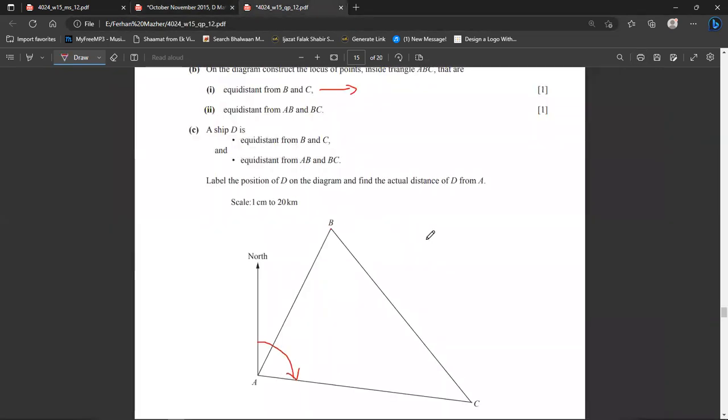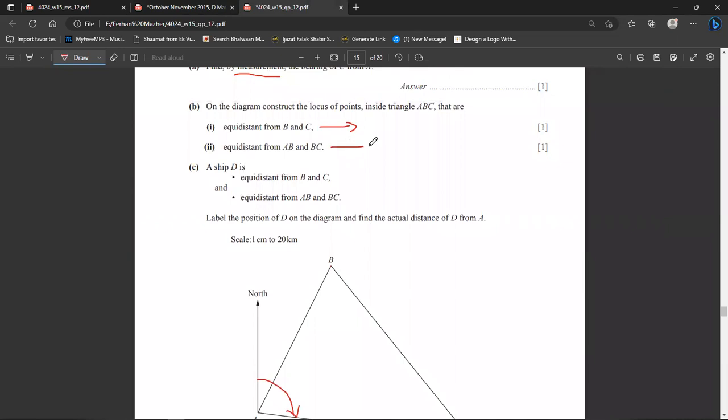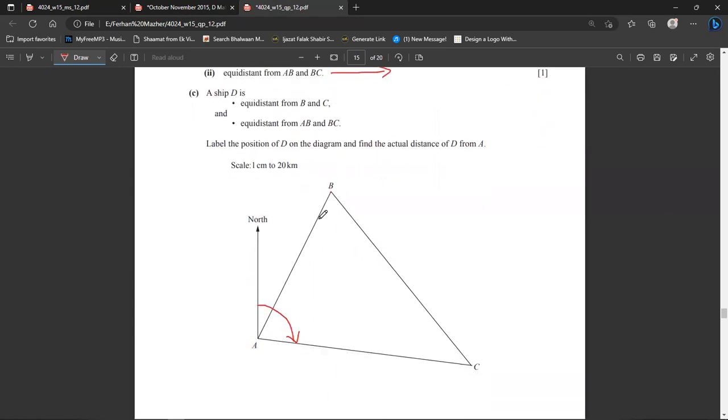Then their question is equidistant from AB and BC. If you are equidistant from two intersecting lines, then you draw the angle bisector. So AB and BC, the common point is B. So I will draw the angle bisector of the angle B. I will put my compass on B. I will put a mark here and I will put a mark here.